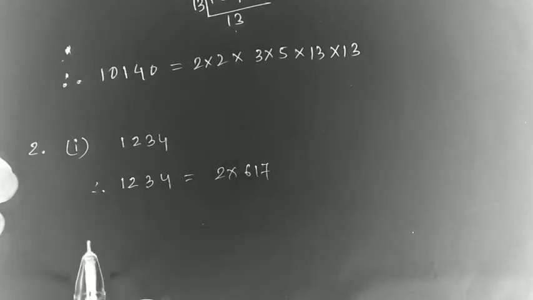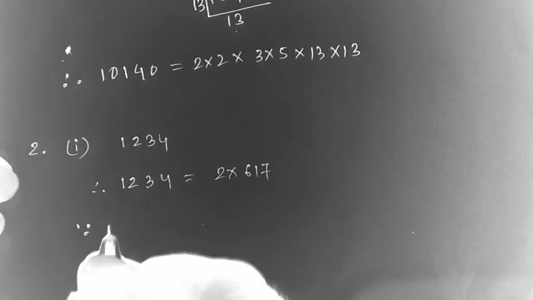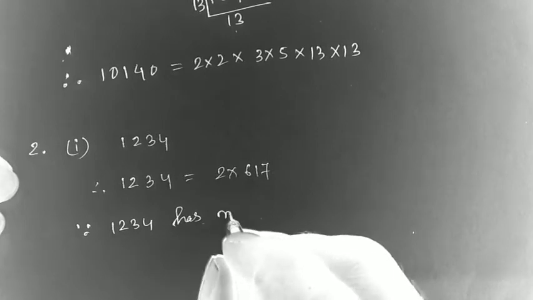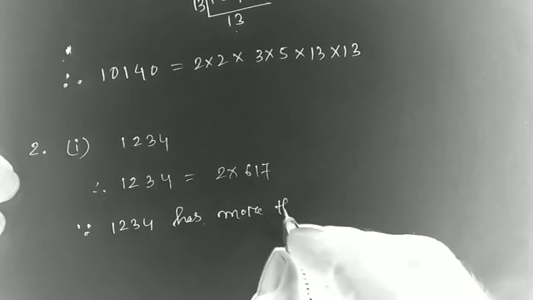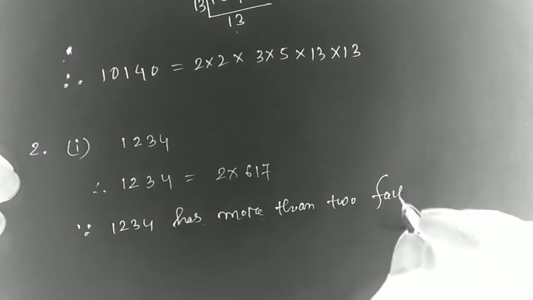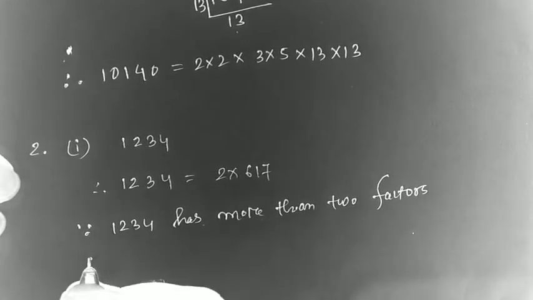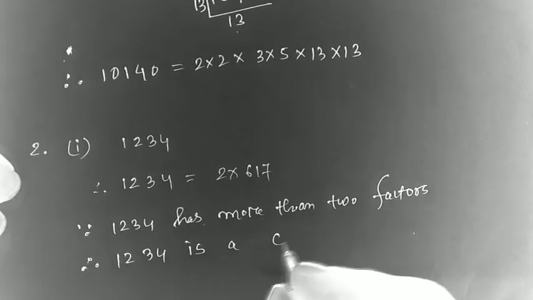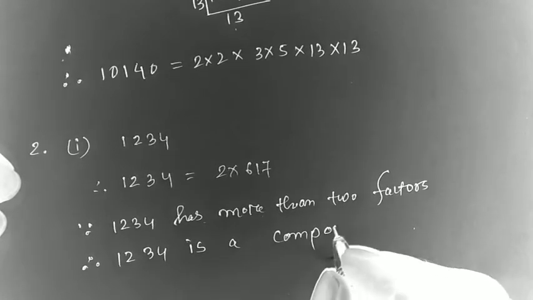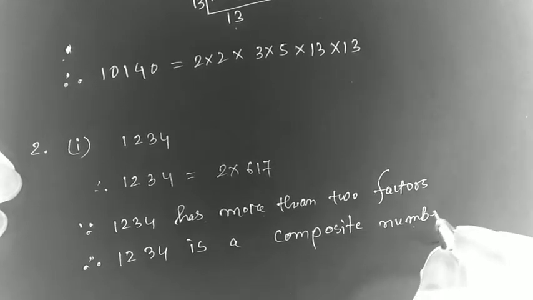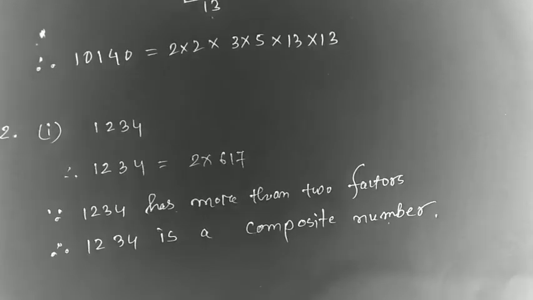As we have done in question number 1, since 1234 has more than 2 factors, therefore 1234 is a composite number. Very easy.